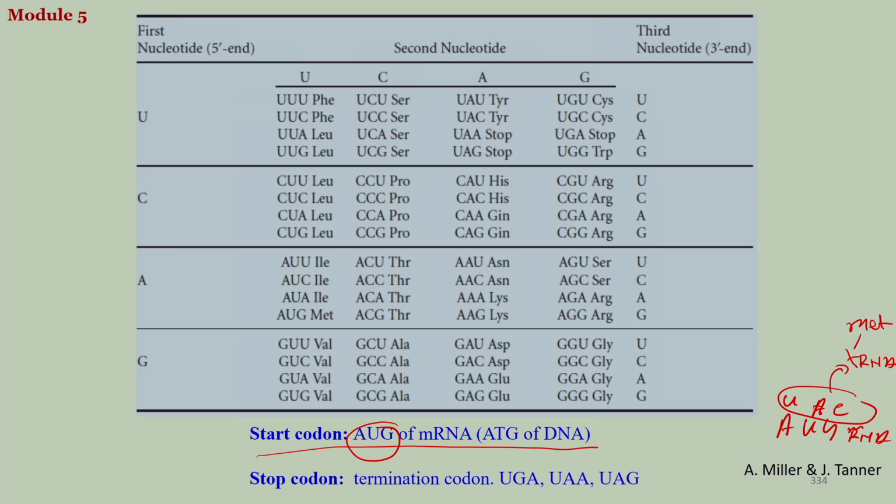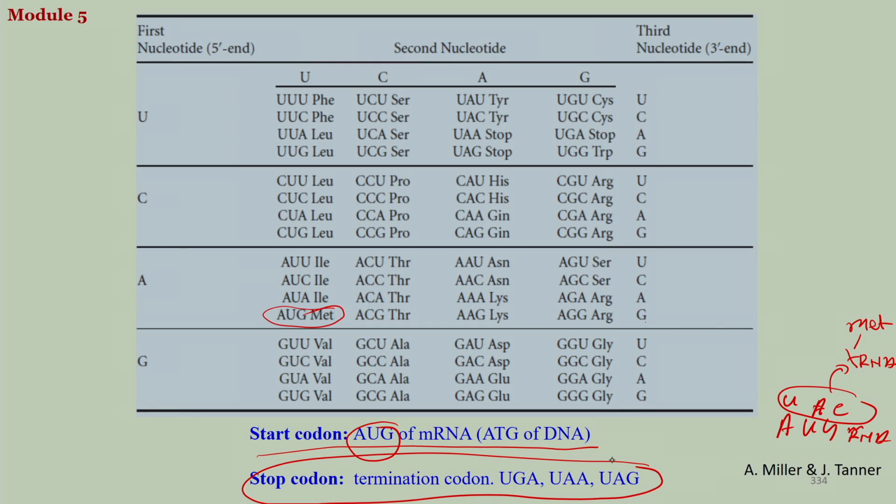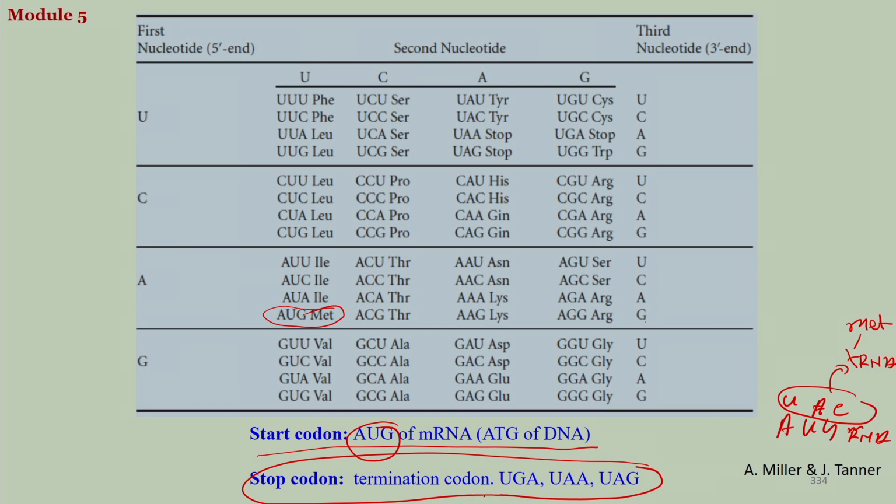Now, let us see. This is the A column, this is the U column, and here is G. So, AUG, it actually represents a methionine. That is our start codon. This is where the synthesis starts. And where does the synthesis stop? Here. When a stop codon is reached in the mRNA, as I have said, the stop codon does not carry amino acids. So, therefore, no further synthesis. So, these are the codons that are stop codons.